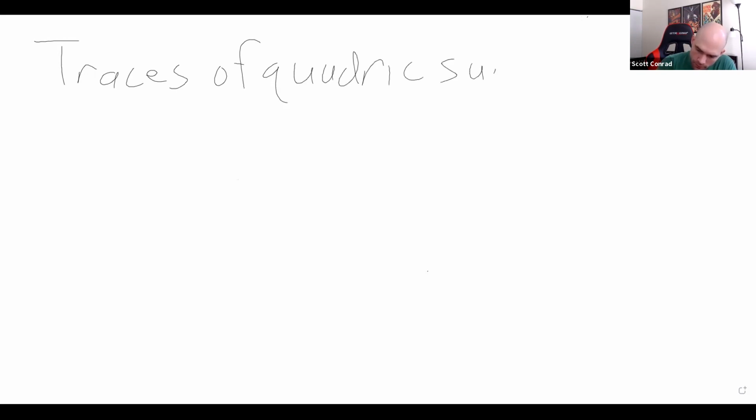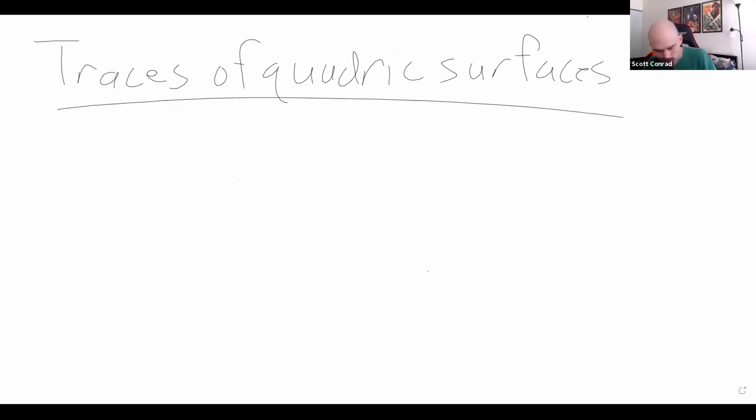Okay, so there are three basic classes of traces of these quadric surfaces that you're going to get. And you're going to need to know how to roughly sketch these. Very roughly. It should have a semi-recognizable shape, and you should get the intercepts correct, basically. That's all you have to do for these.